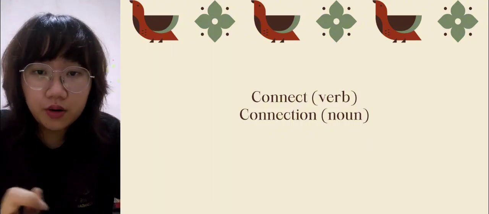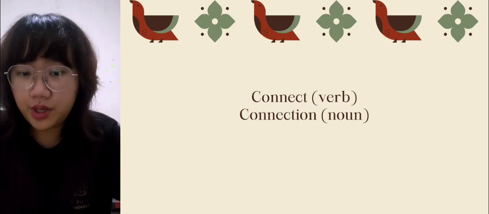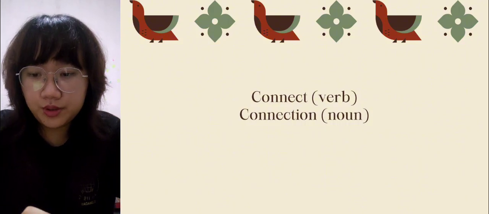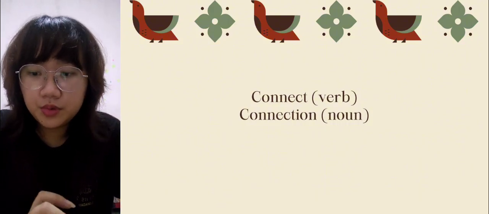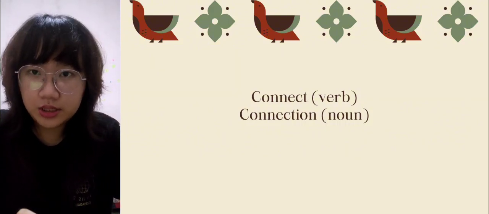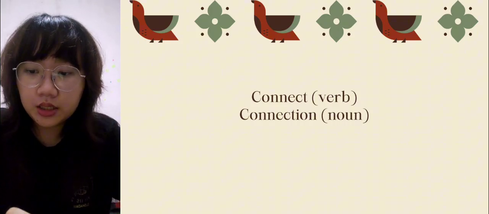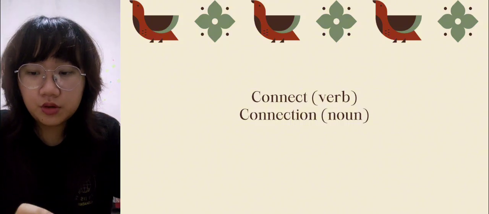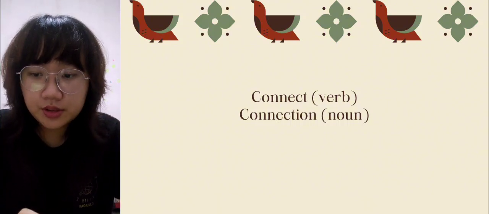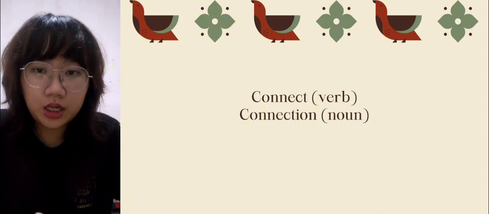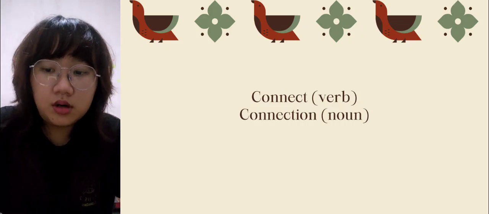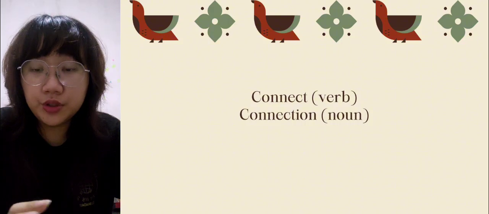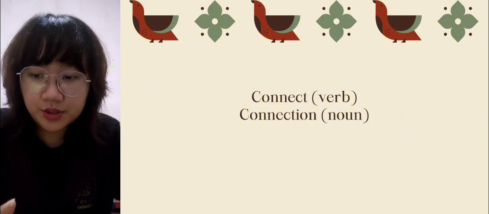And meanwhile, uncover is you take the cover away. Now you can see the two words in the picture, connect and connection. Connect here is a verb, and connection here is a noun. So adding the suffix ion changes the word connect, which is originally a verb, into a noun.